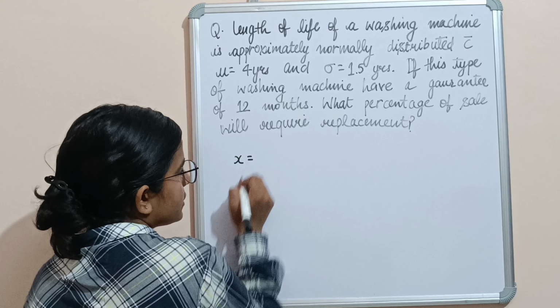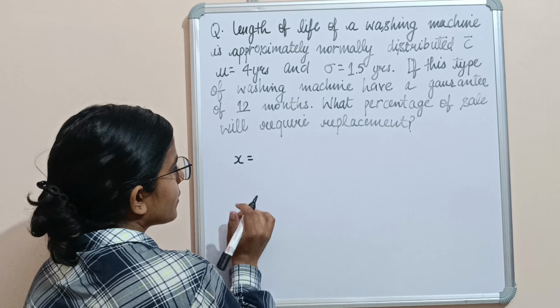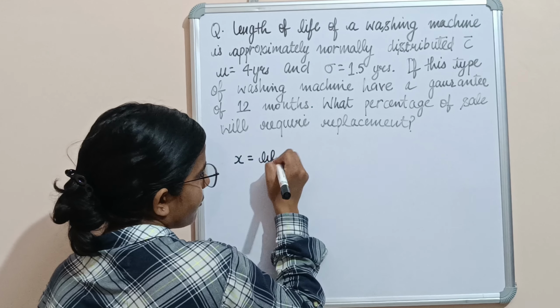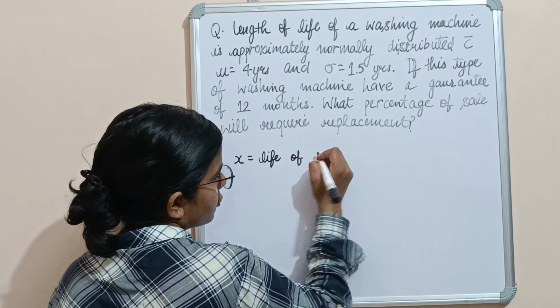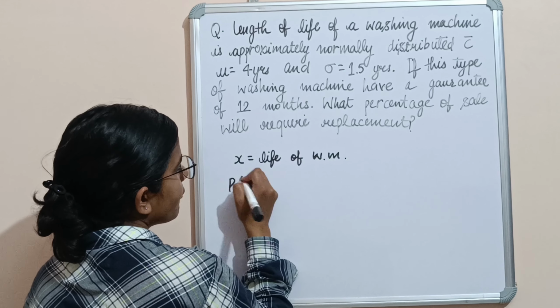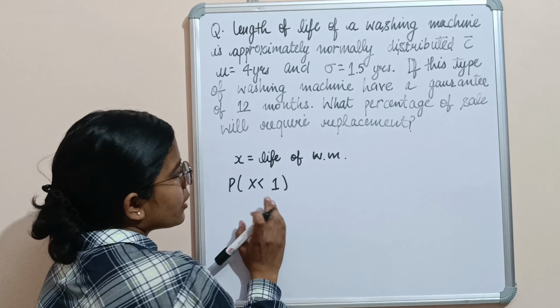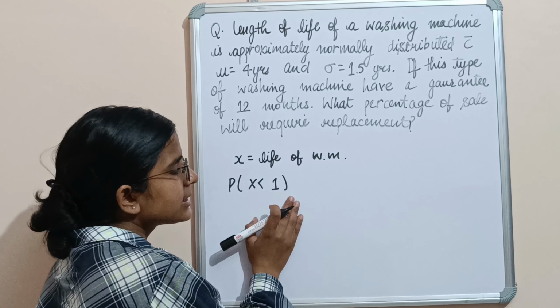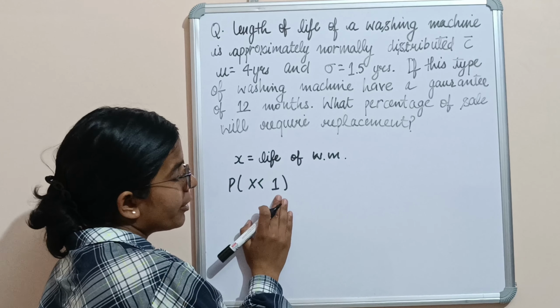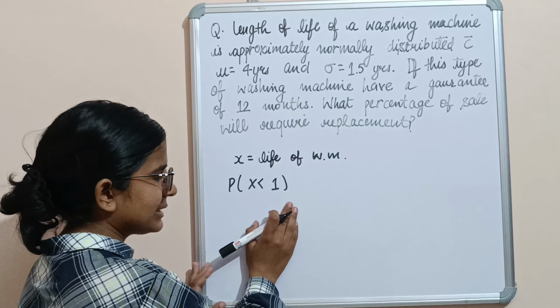If X denotes the length of life of a washing machine, then we have to find probability of X less than 1, because a 1 year guarantee is given. If it gets defected in less than 1 year, then we have to replace it.